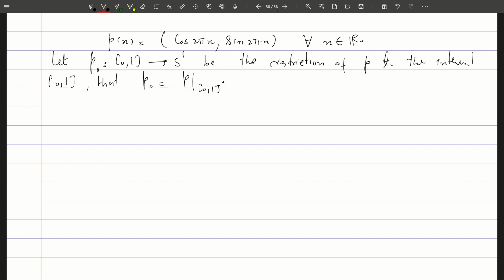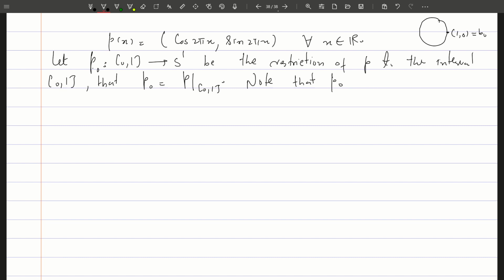So one can note that P naught is a loop in S1 based at point B naught, which is the point 1 0. If we have this circle over here, let's say this is point 1 comma 0, that is called this point B naught.